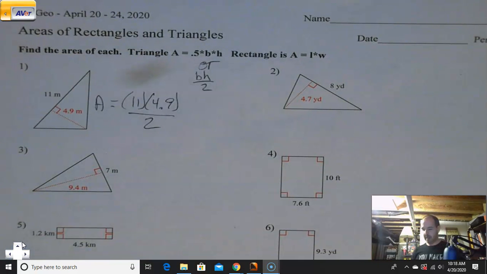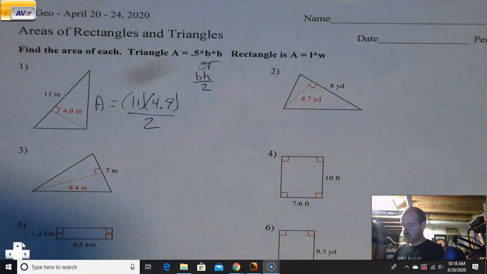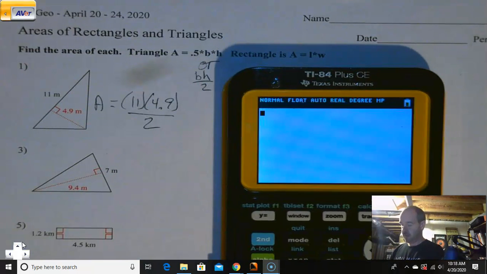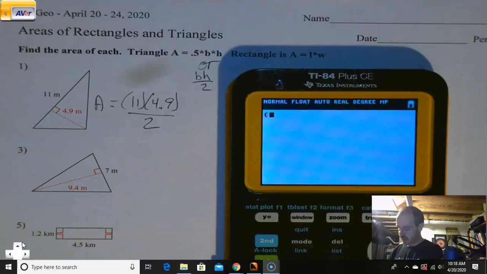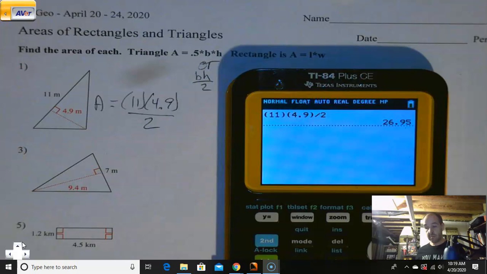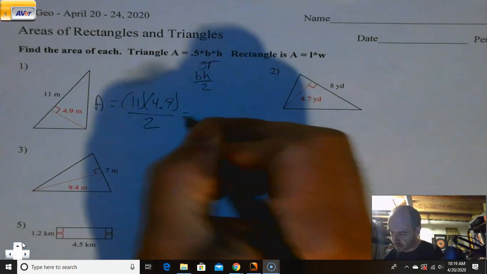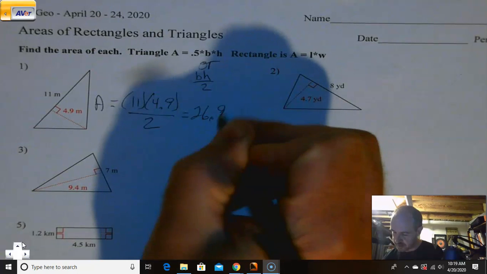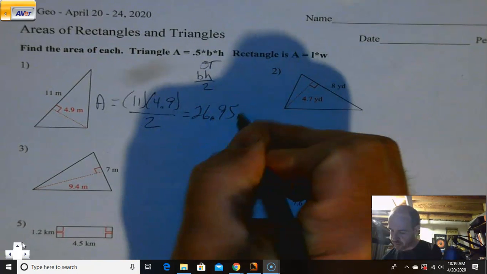Now here's where we've got to be a little bit careful. You are going to get some decimals, and if you get decimals, that's not a bad thing. 26.95 here.